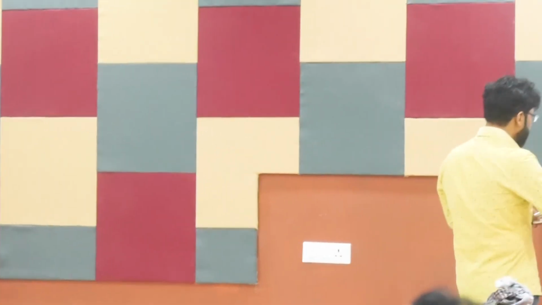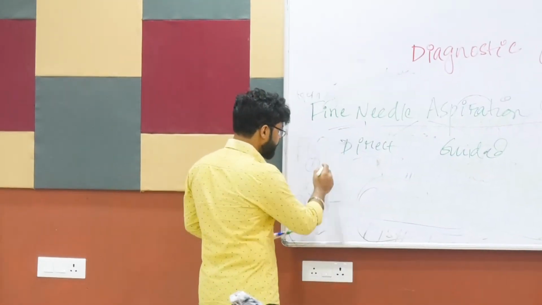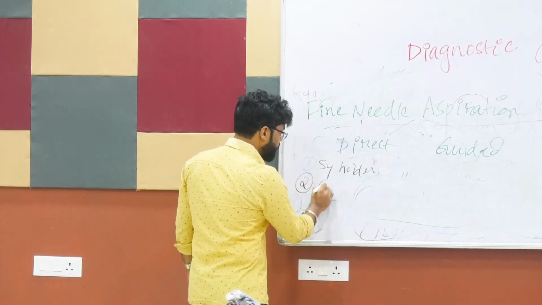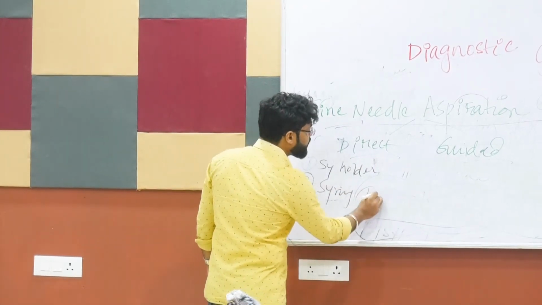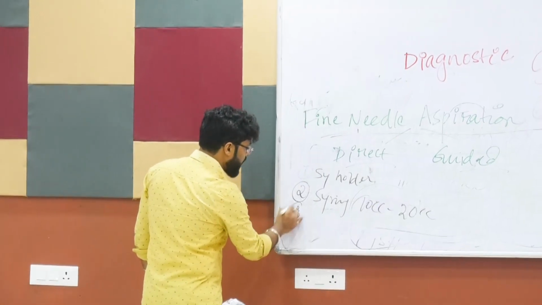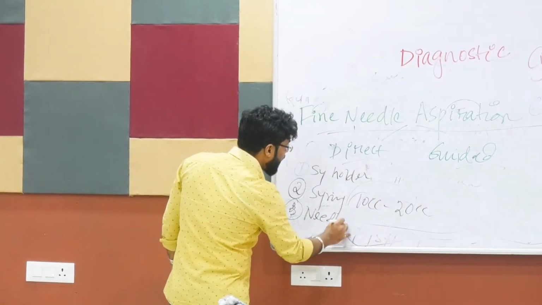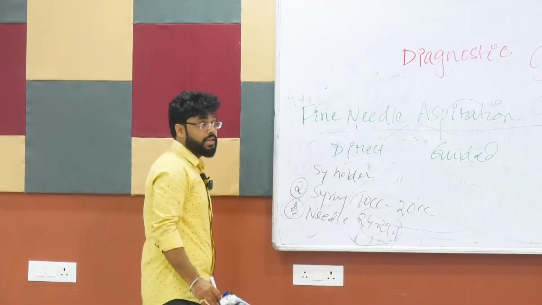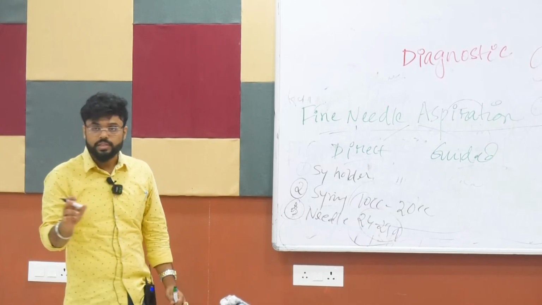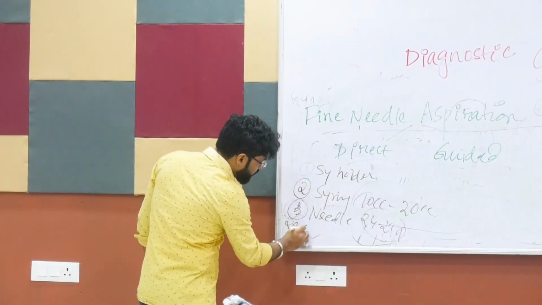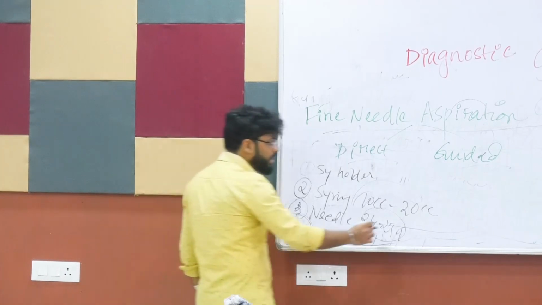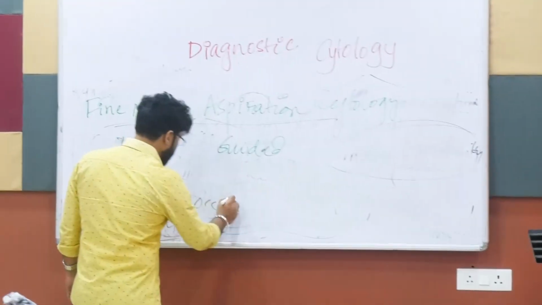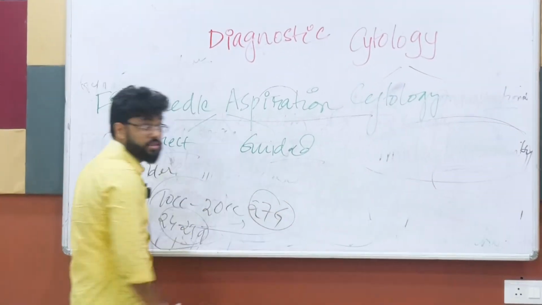What is required in that case? One is a syringe holder. Second is a syringe, which might be 10 cc, and a needle. Ideally a 24 to 25 gauge needle is used, but if there is any bony tissue the needle could be 20 gauge, and if it is done for a child the needle size could be 27 gauge.